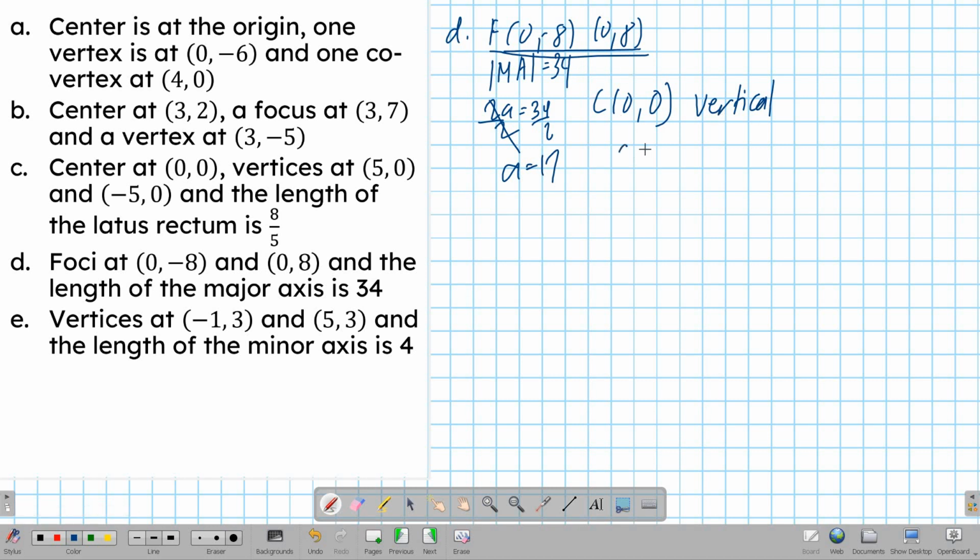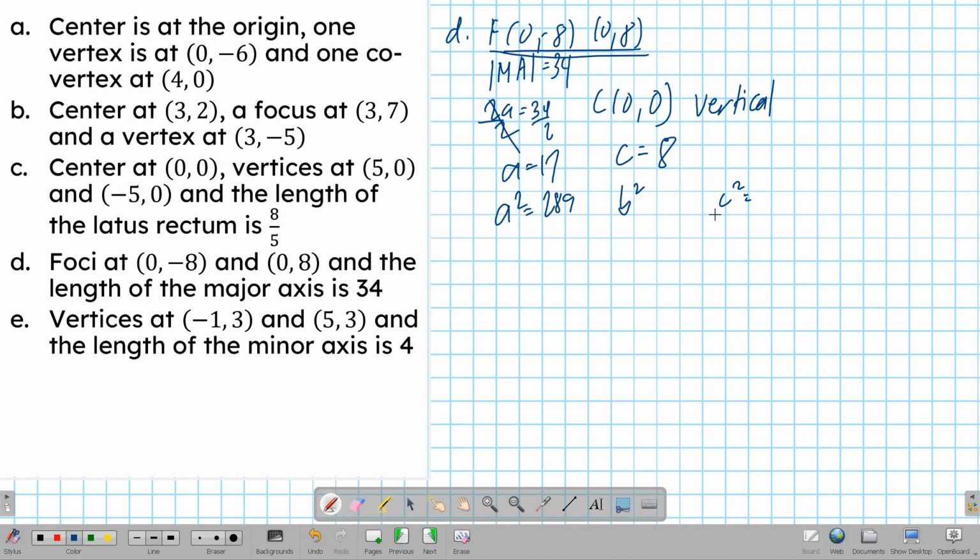From there, we can also compute c, because that's the length from the center to the foci, which would be 8 units. Now, first we need to get a squared. That becomes 289, while c squared will be equal to 64 because that's 8 squared. We need b squared.